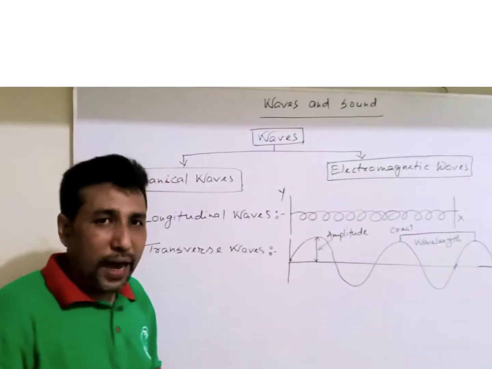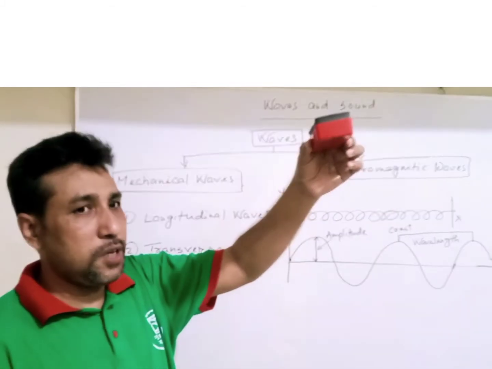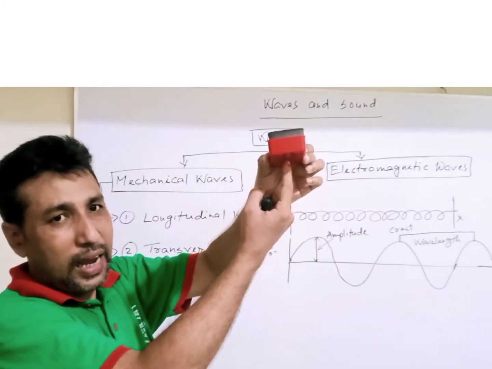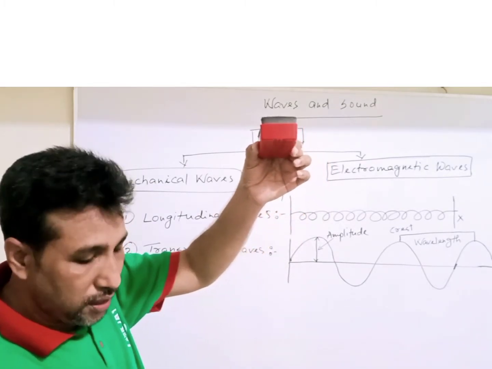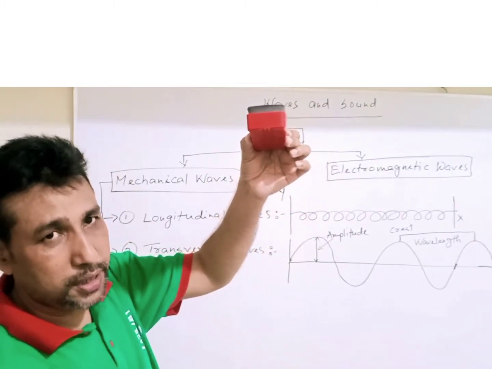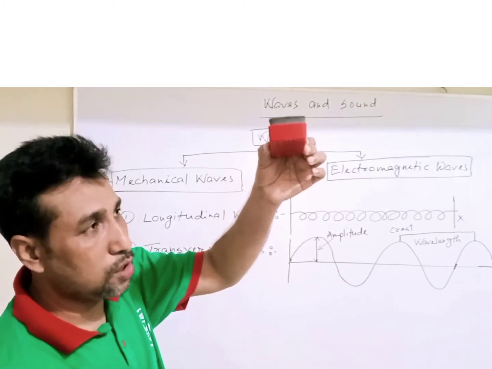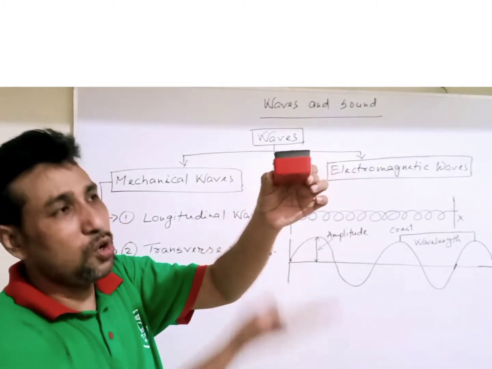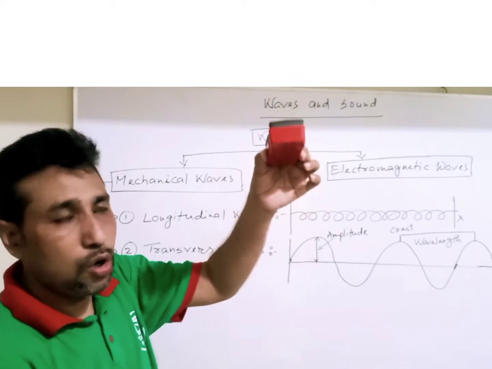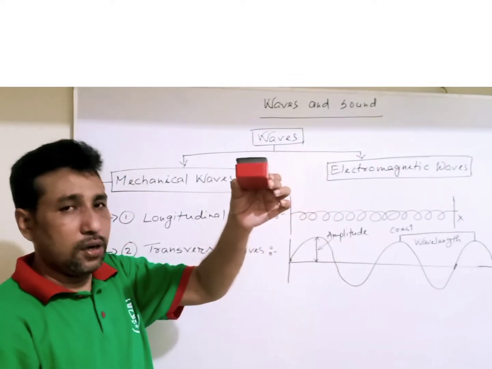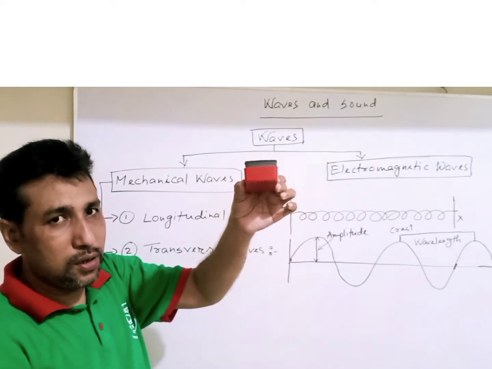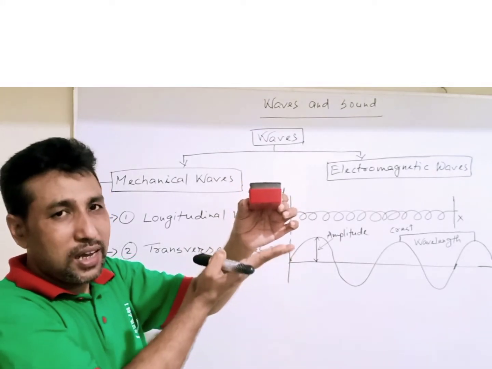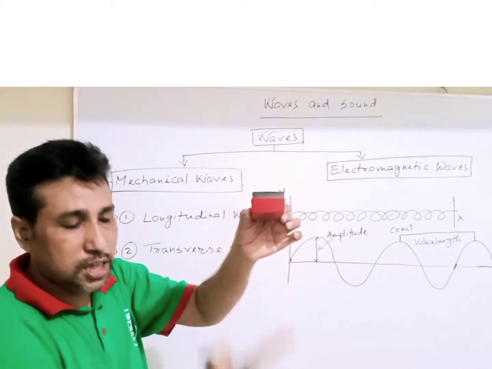Suppose you hang a spring with a hook and tie a weight to the other end of the spring, and if you release it, then it will go up and down. It will oscillate. And during the oscillation, the spring will compress and expand.